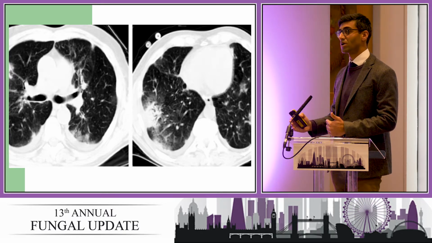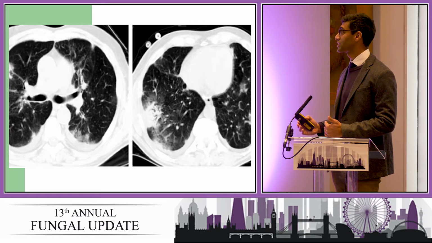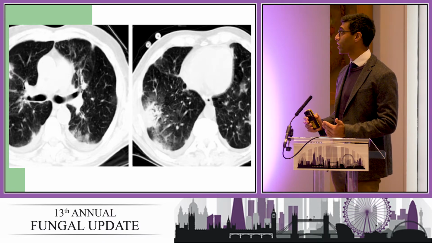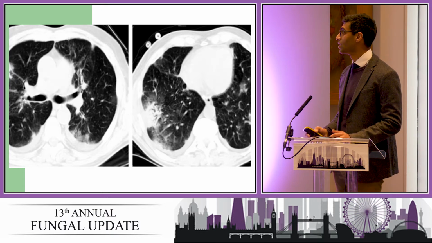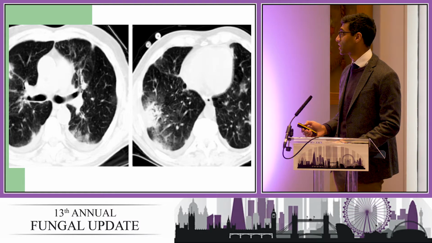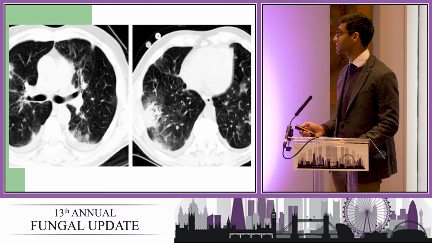It's really the clinical picture and where the patient is post-transplant that will allow us as radiologists to distinguish between whether this is invasive aspergillosis or whether this is graft versus host disease, and whether the patient is clinically well. So that information is vital when requesting the CT.